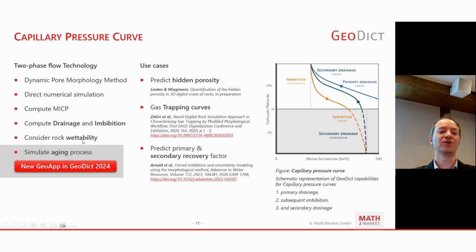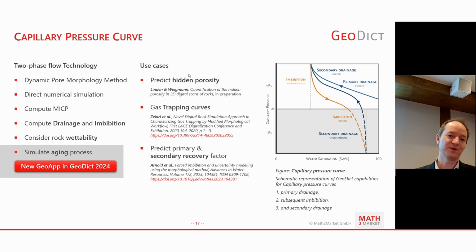So if you have a mixed wet rock, we offer you this new GeoApp in GeoDict 2024 to simulate the aging process so that you can distribute the wettability, for example the oil wet surfaces in your rock, based on your settings, basically. So there's also a publication on this from Peter Arnold et al. on favorite options for this, which brings me to the use cases.